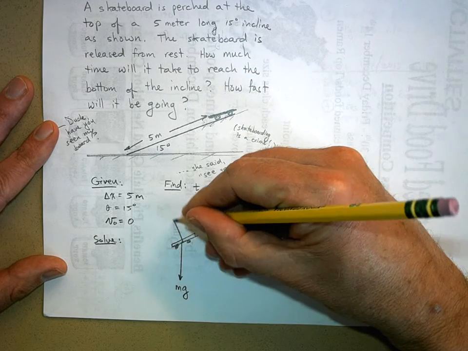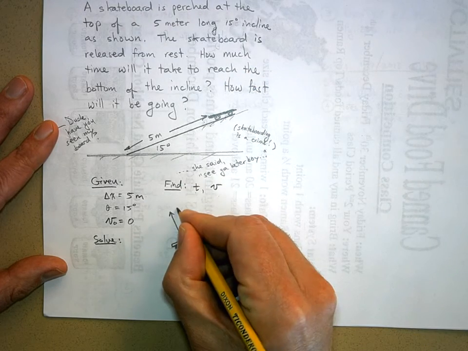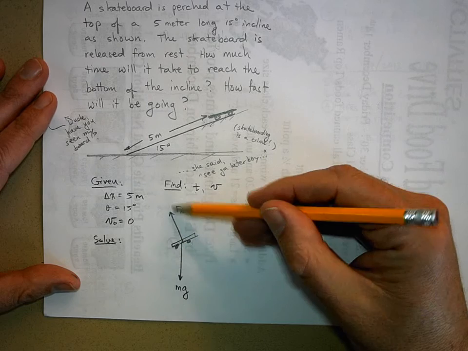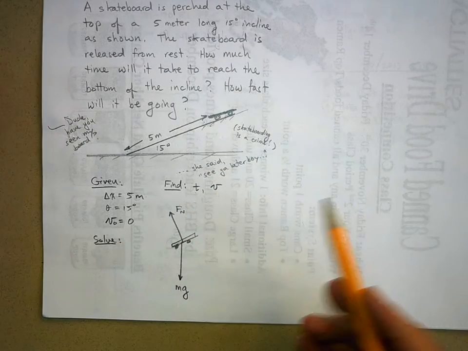We call that the normal force. Those are the only two forces acting on it. There's no friction force, and nobody is pushing or pulling on it. It's just gravity trying to pull it straight down, and the incline pushing on it like this.